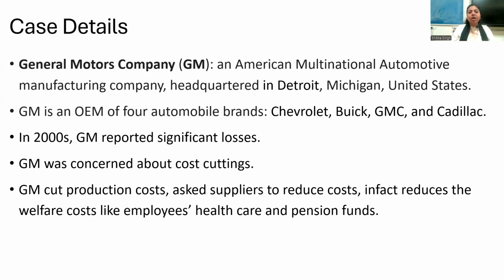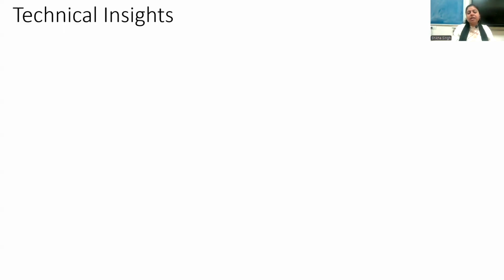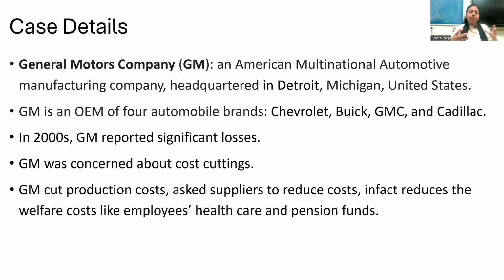They started cutting costs from production, asking their suppliers to reduce costs. And not only in their products, they also started cost cutting in the welfare schemes of their employees; healthcare and pension funds were also reduced, right? This is the scene of what was happening with General Motors then, and the impact would come in their products also.